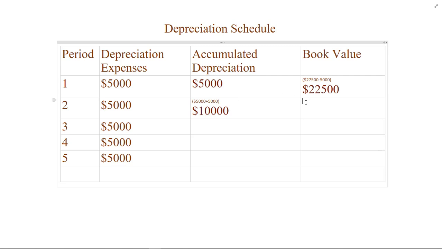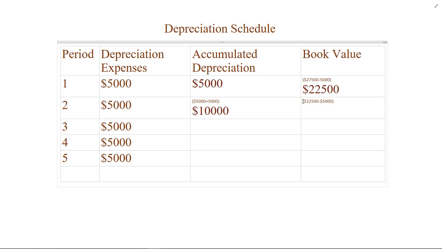Coming to the book value again. 22,500, which is the book value of the previous year, minus depreciation expenses, which is equal to 5,000. So I write it as minus 5,000. 22,500 minus 5,000, that's equal to how much?